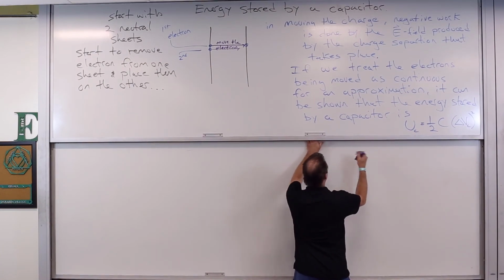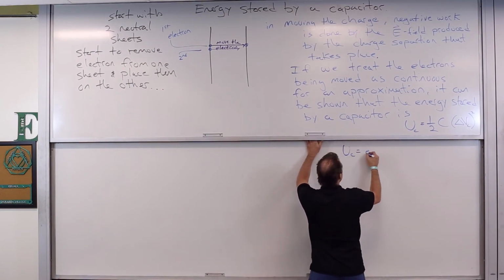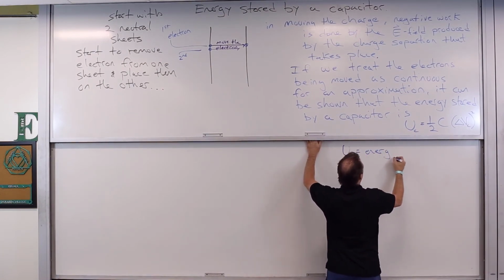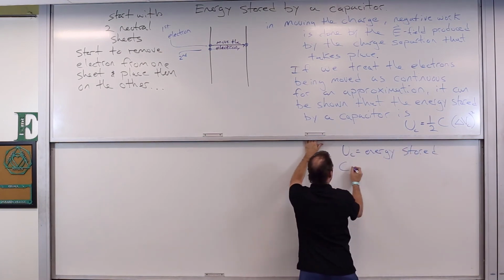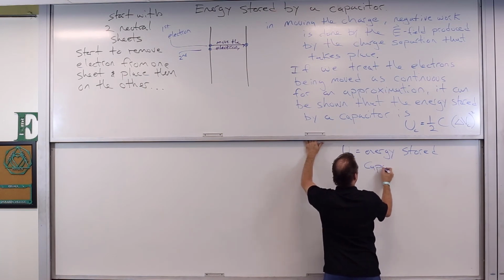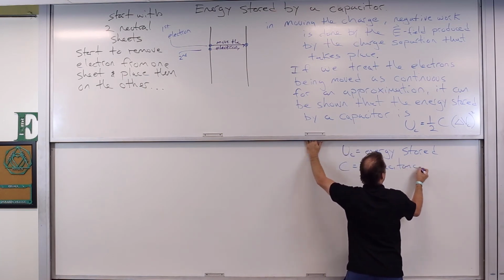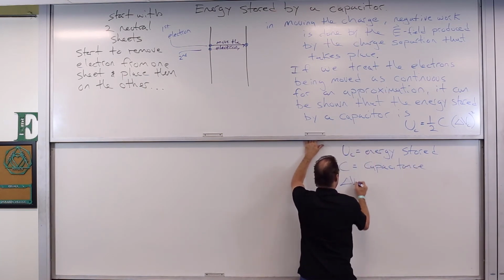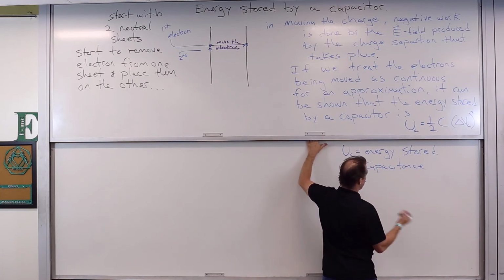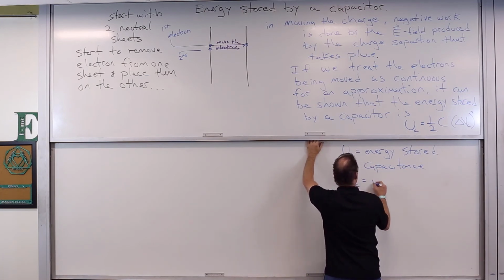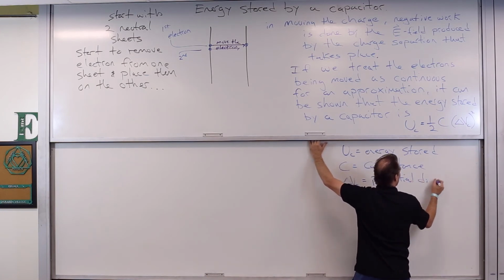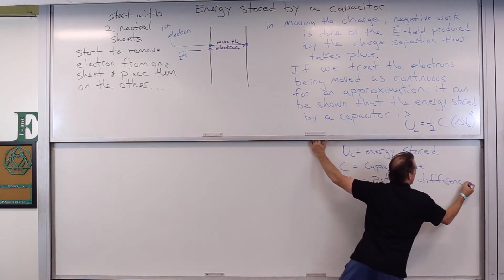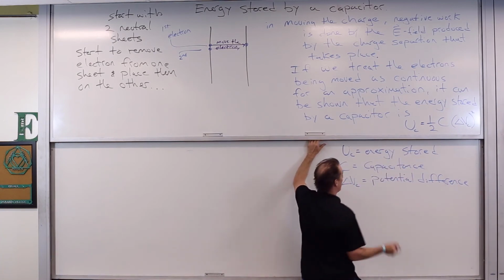So let me just write this out. U sub C equals energy stored. C equals the capacitance. And delta V sub C is the potential difference across the capacitor. Say potential difference across the plates of the capacitor.